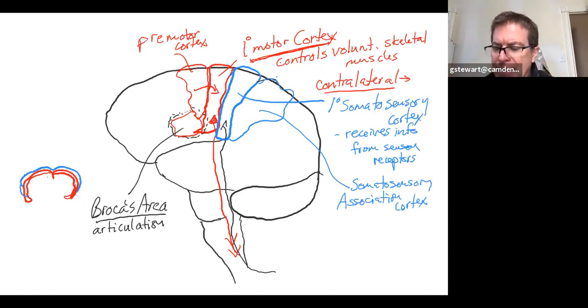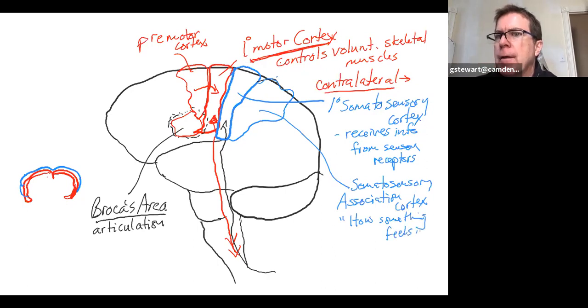It helps integrate sensory input, that stuff like temperature and pressure from those receptors, to interpret how something actually feels. So I'm going to put that. So it assists this area here, right in front of it. These somatosensory areas help us with spatial discrimination.